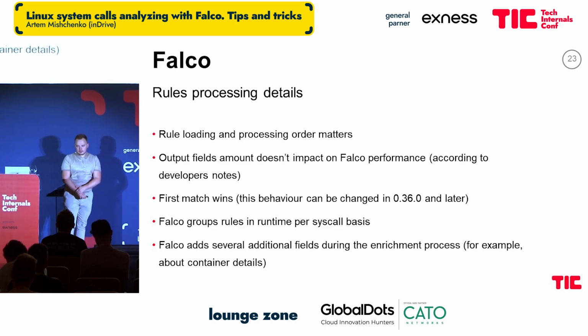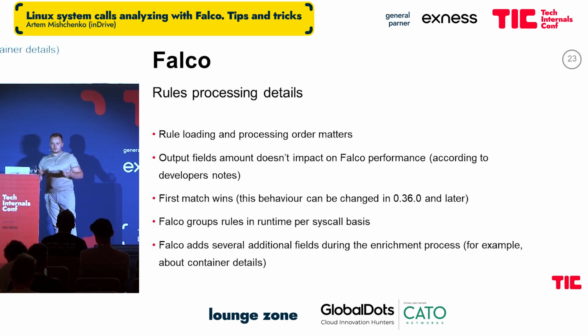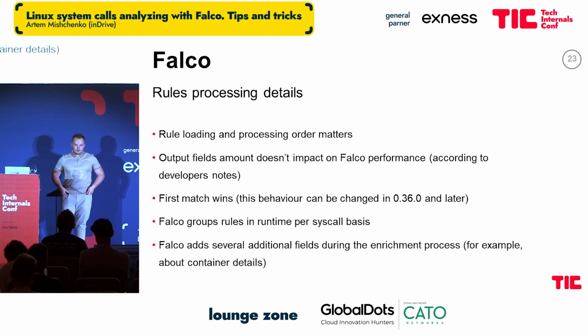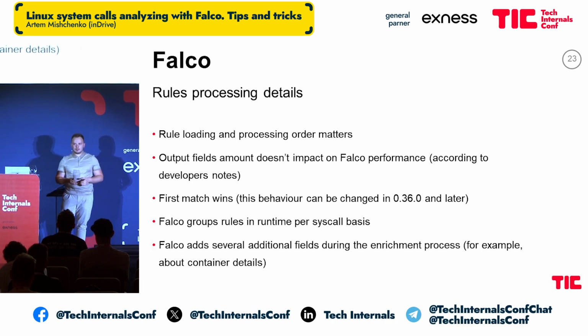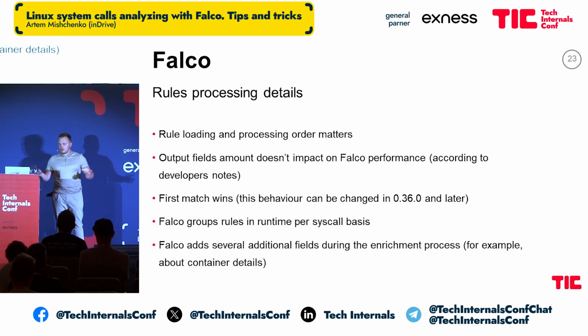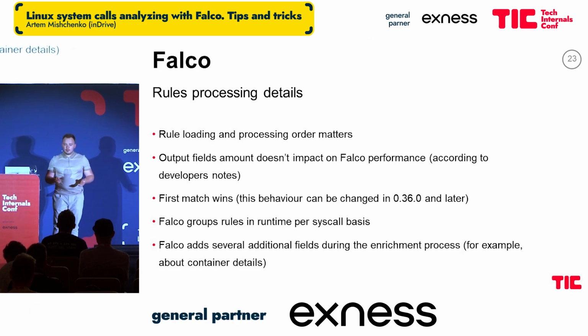First match wins. It's the default logic of Falco rule processing. So if we have different rules with conditions, and we have an event which matches the first rule, the processing will be stopped, and that's it. We will have an output message from this rule. But this behavior can be overridden.